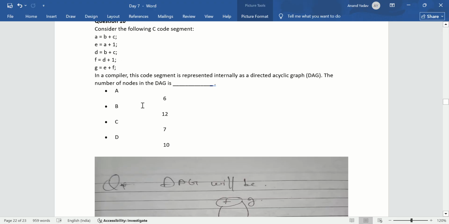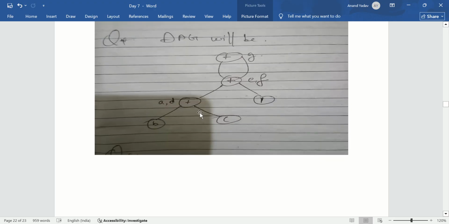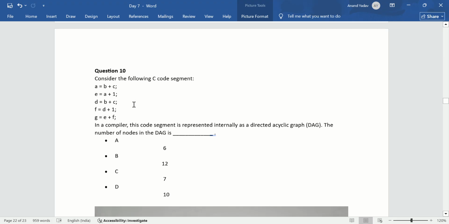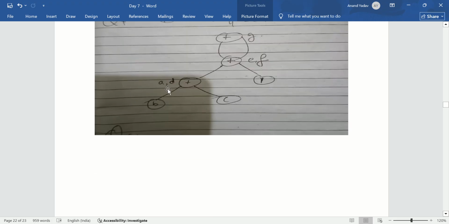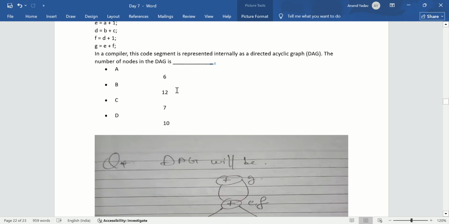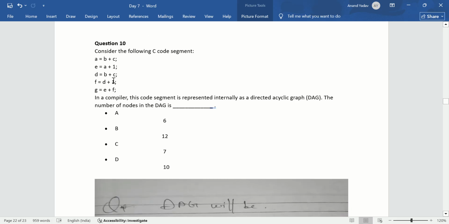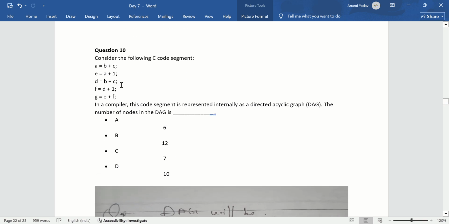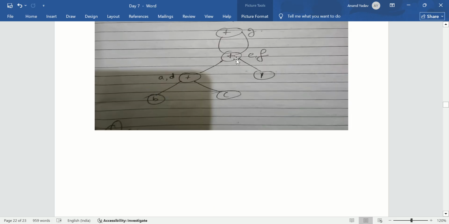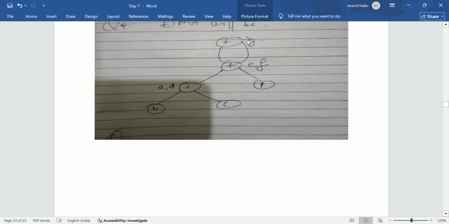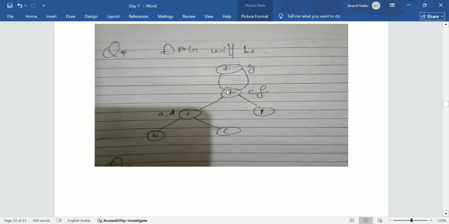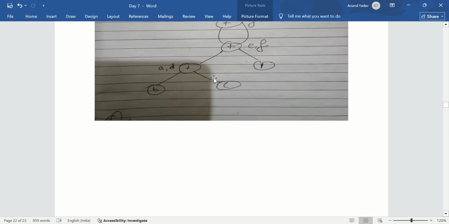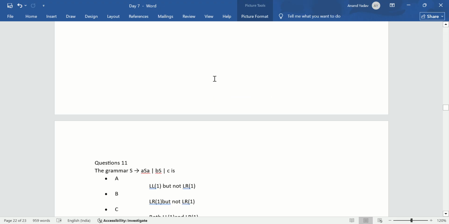We will take B plus C. Here B plus C. It will go to A. So here A and D also, because D also has B plus C. So after that, its sum goes to E plus 1, A plus 1, D plus 1. So plus 1 gives E and F, and then after E plus F goes to G. So in this way I draw the DAG. So in this way I solve this question.